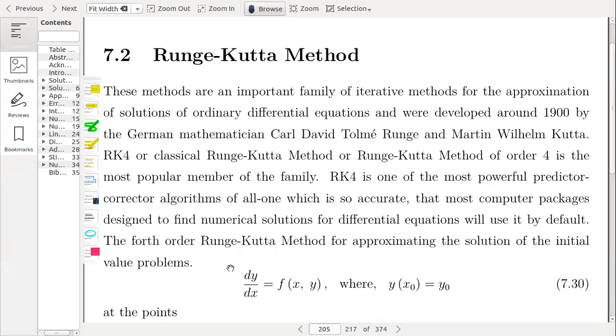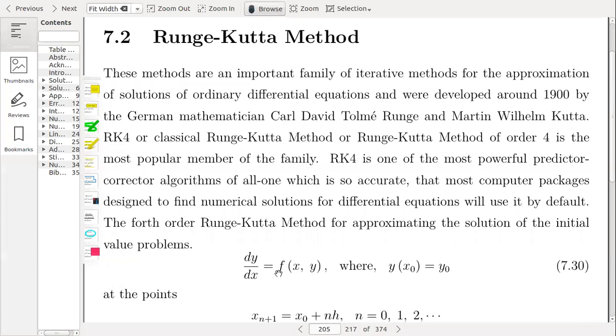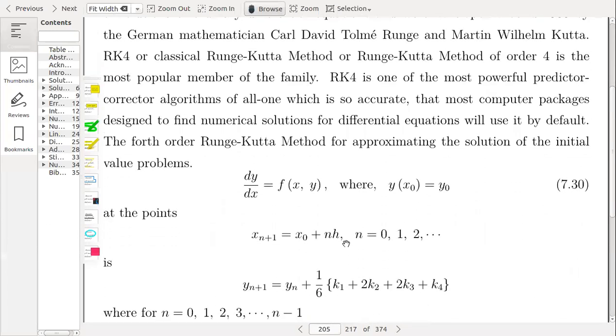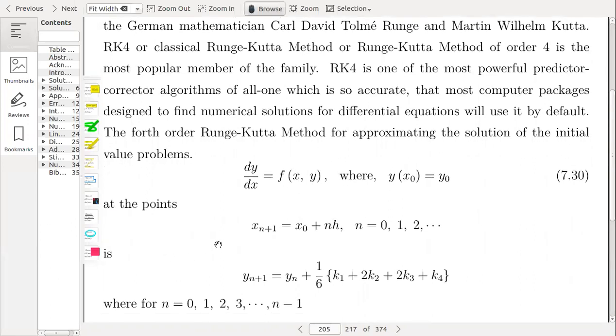The fourth order Runge Kutta method of approximating the solution of the initial value problem is as follows, and the points can be written as xn plus 1 is equal to x0 plus nh.